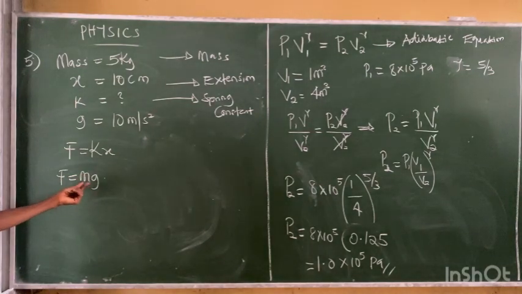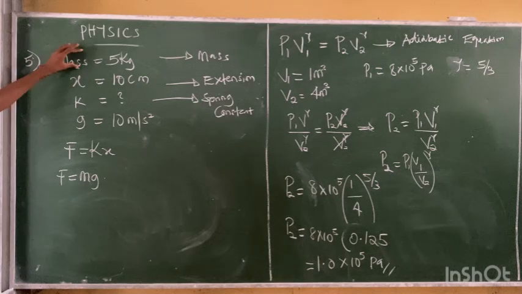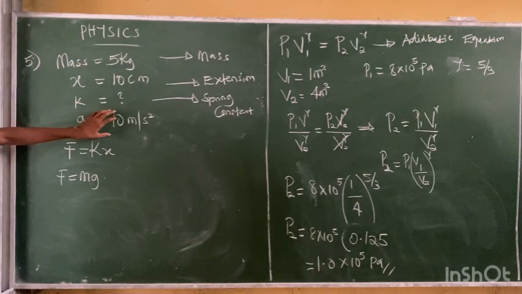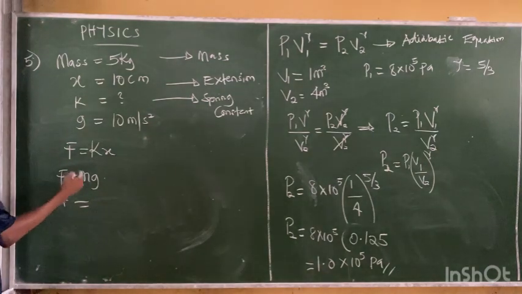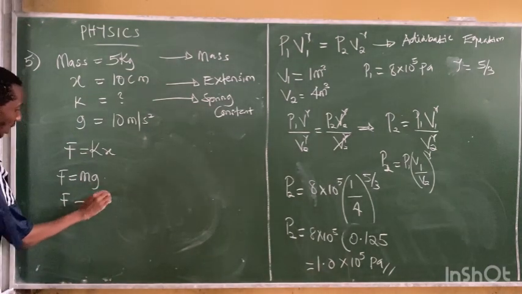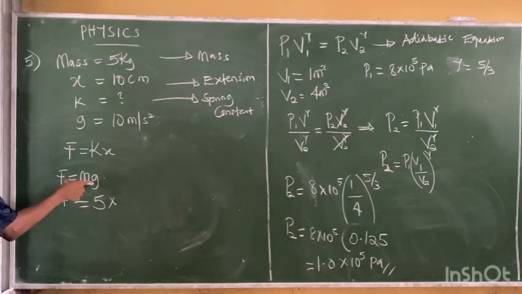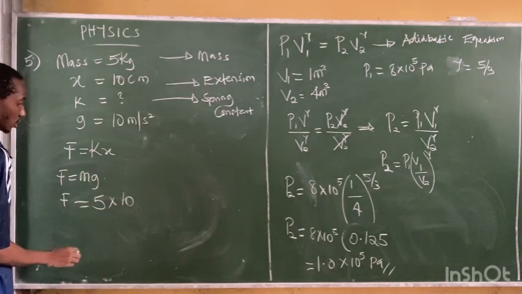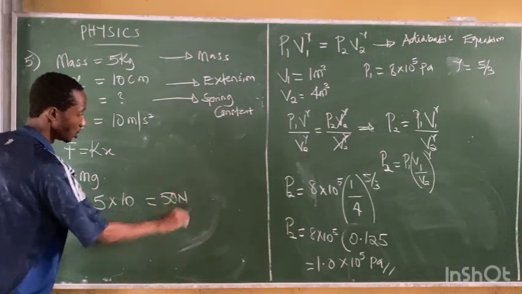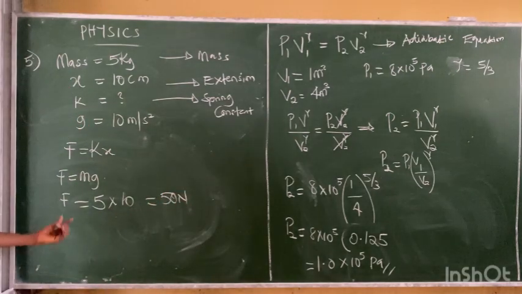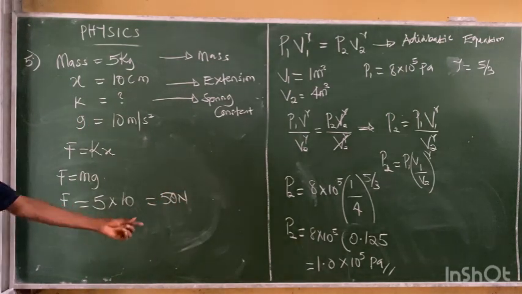Force is equal to mass times gravity. They gave us mass, and they gave us acceleration due to gravity. If we substitute, we have F is equal to mg. Our m is 5 kg times our g, which is 10. 5 times 10 gives us 50 newtons. Now we have gotten the value of F to be 50 newtons.